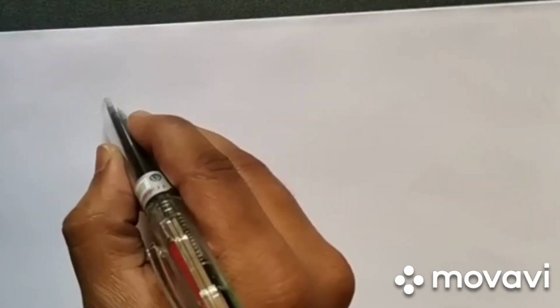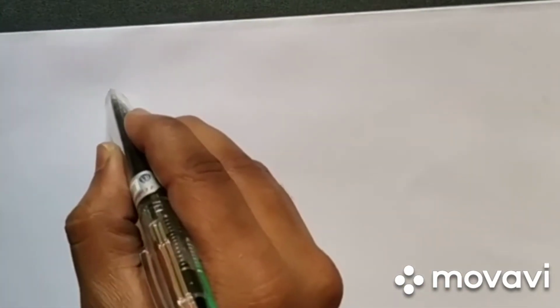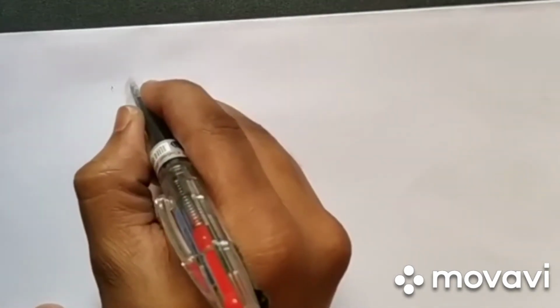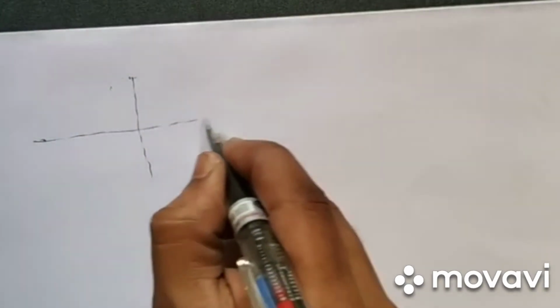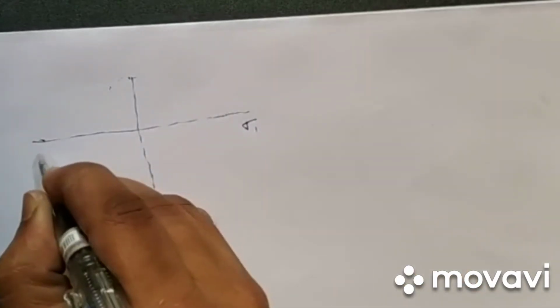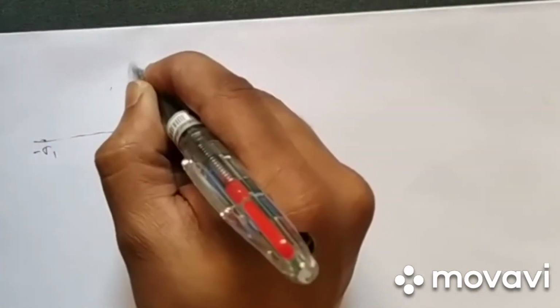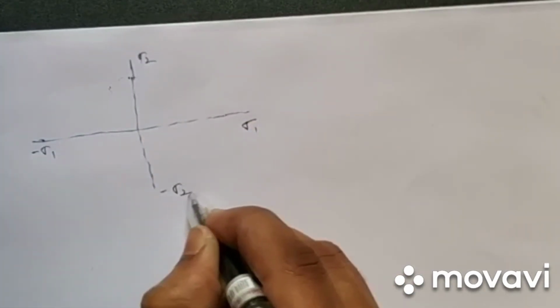We have seen the graphical representations, so let's have a common representation for these two theories. Let's draw the graph. This is our sigma 1, this is minus sigma 1, this is sigma 2, this is minus sigma 2.